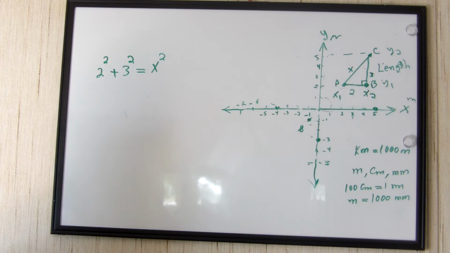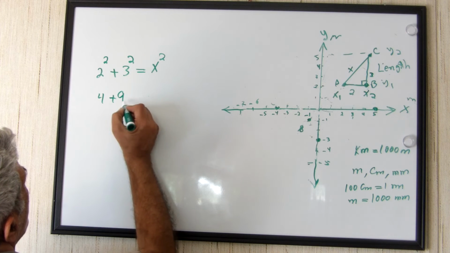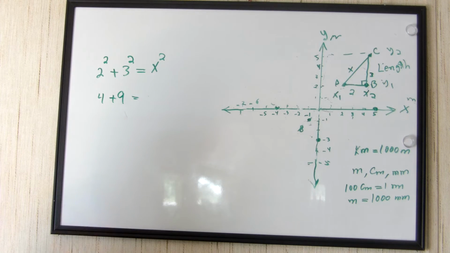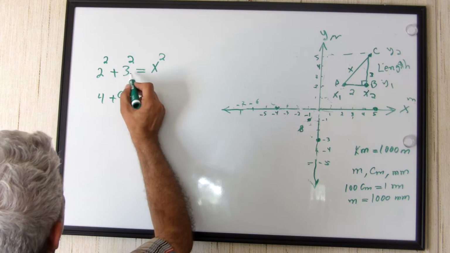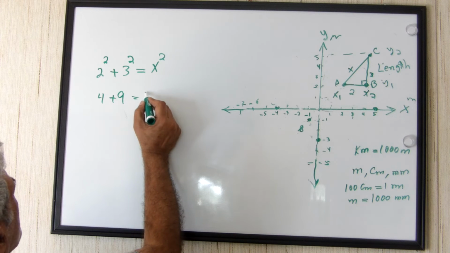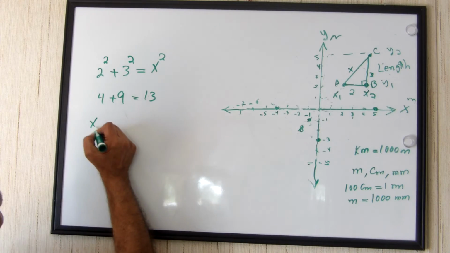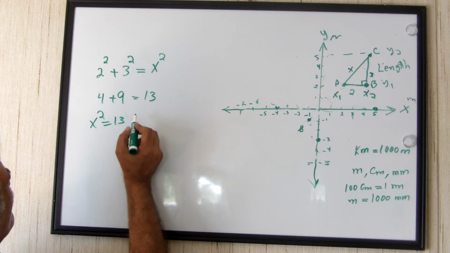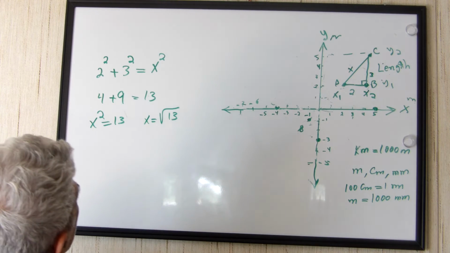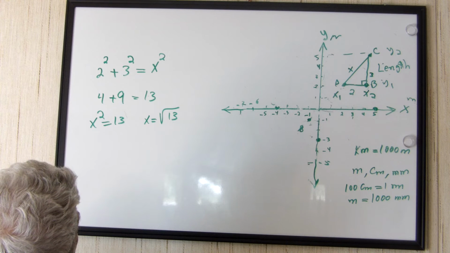To find this, 2 to the power of 2 is 4, and 3 to the power of 2 is 9. Remember, the base is multiplied by itself: 3 times 3 is 9, 2 times 2 is 4, and this is going to be 13. Then x squared is equal to 13, so x is equal to plus or minus radical 13.